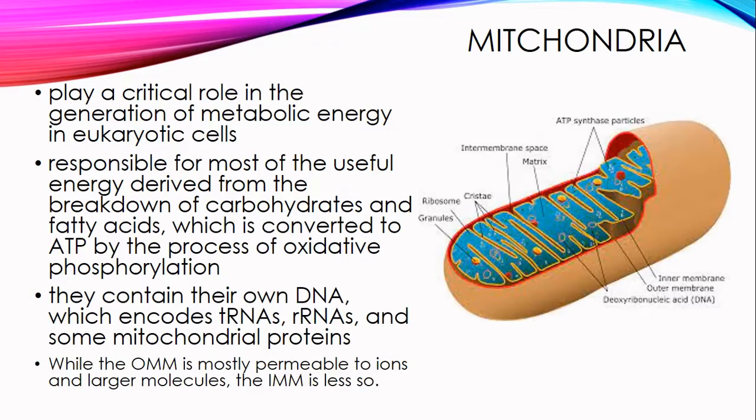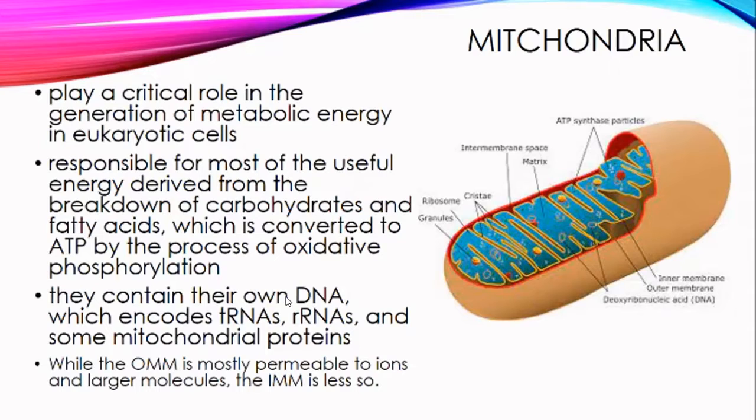Mitochondria is one of the double-membraned organelles. So it has an outer mitochondrial membrane, and we have the inner mitochondrial membrane. So IMM is the inner, and OMM is the outer.